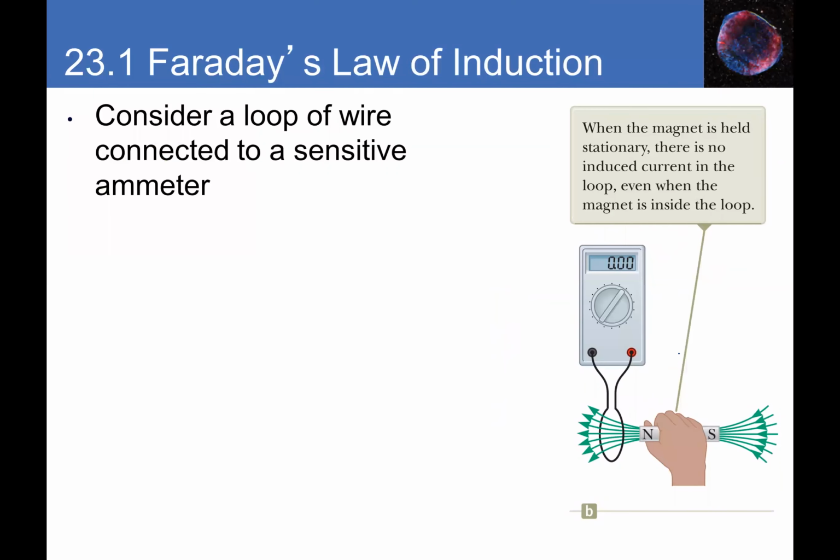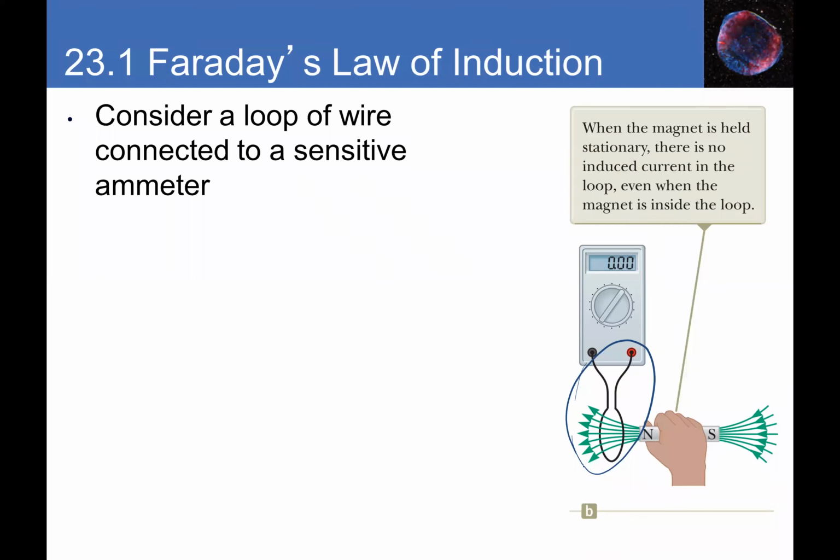All right, so we're going to consider a loop of wire that is connected to some kind of sensitive ammeter, sort of like a galvanometer. Now, this loop is basically just some kind of conducting loop, right? So just some kind of conductor only connected to an ammeter. Remember, an ammeter itself is not a power source.